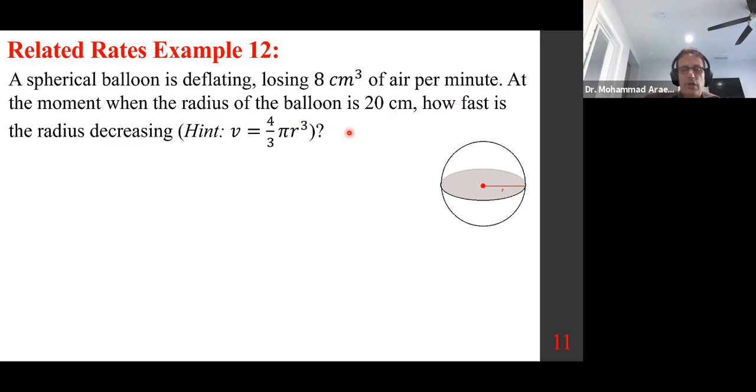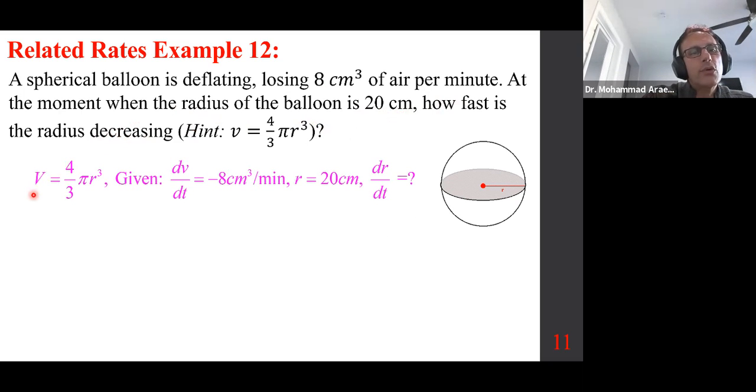So that is the translation, everybody, symbolically. The volume is 4/3 pi r cubed. dV/dt is this number, and because it's losing, with the negative sign, -8 cubic centimeters per minute. The radius is 20 centimeters, and we are looking to find the dr/dt accordingly.